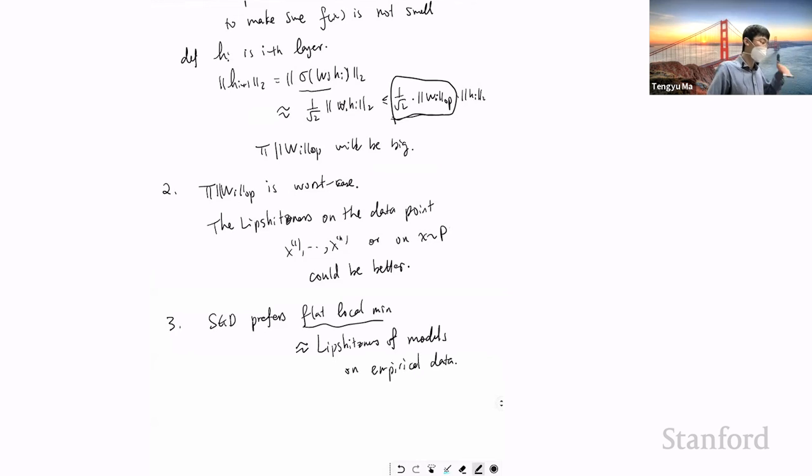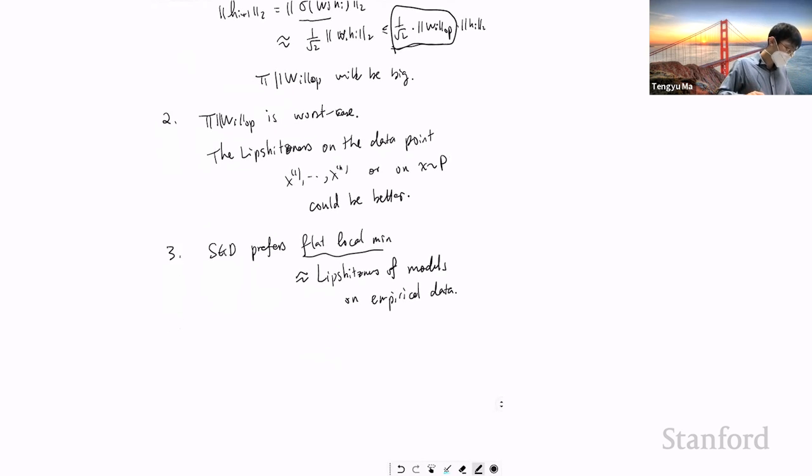So this is not the worst case Lipschitzness on all data points. It's the Lipschitzness on the empirical data, which further justifies wanting a bound that depends on the Lipschitzness on the empirical data, not the worst case.